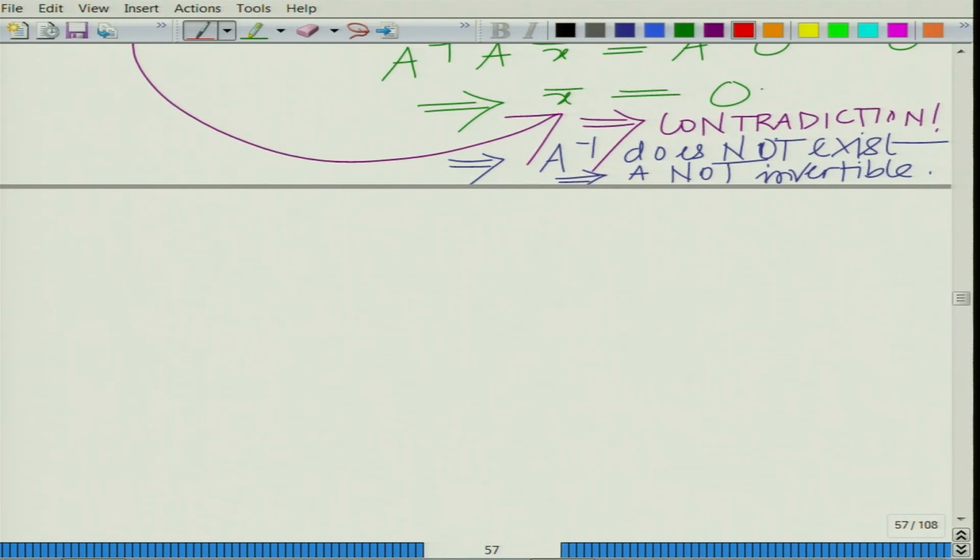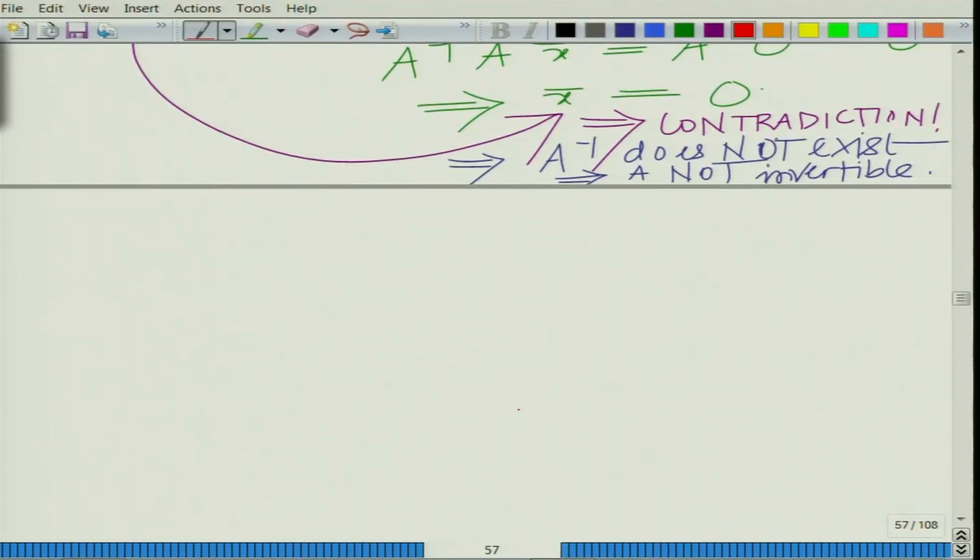The other condition for singularity is that A is non-invertible, or A is singular. The other condition we saw is the determinant. These are all equivalent conditions; we can show that if the determinant is 0, then there also exists a non-trivial subspace. Another way to say that a matrix is singular is that if it is an n cross n square matrix, then the rank of A is strictly less than n, that is, it is rank deficient.